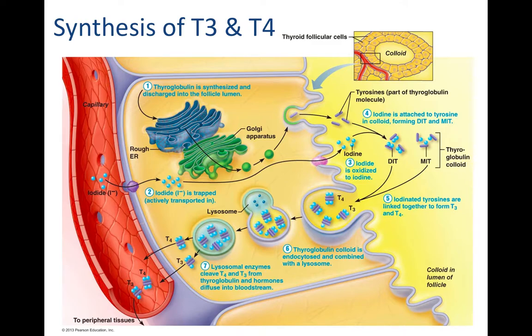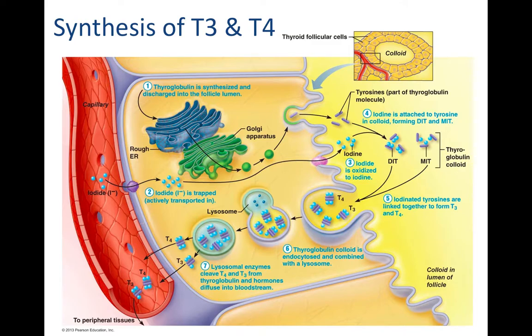Most of the time, your follicular cells will be making thyroxine, that T4. 90% actually of the product is going to be T4 and not so much T3. Interestingly though, the T3 is actually more potent, and you end up converting some of your T4 to T3 later on down the line.